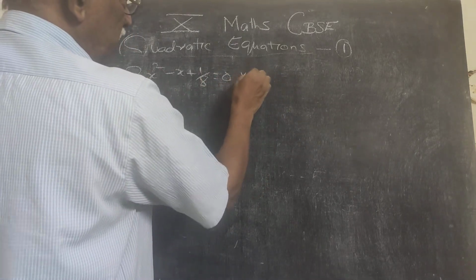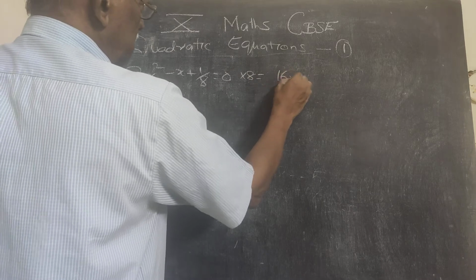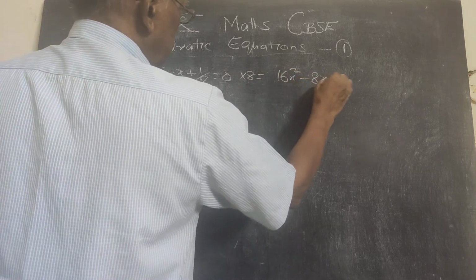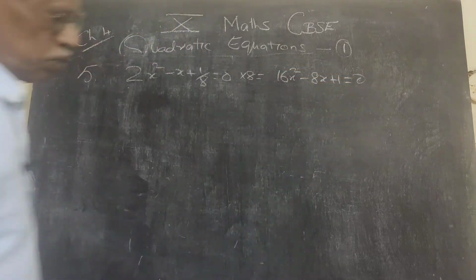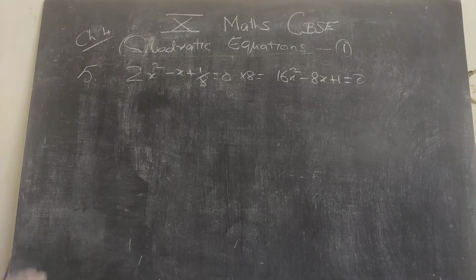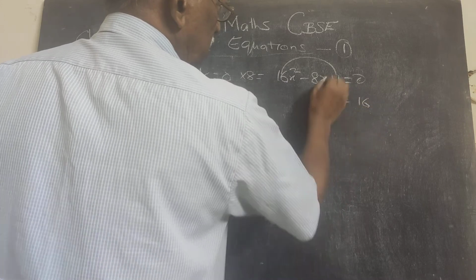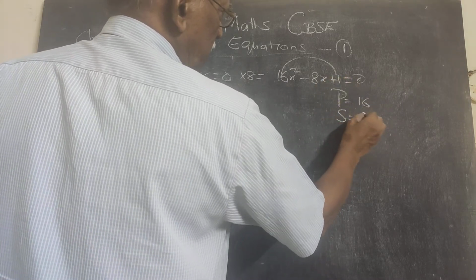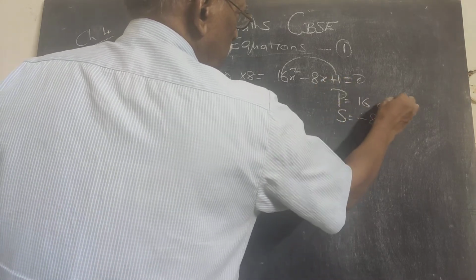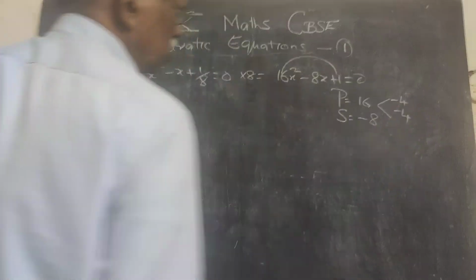Multiplying this with 8, you will get 16x² minus 8x plus 1 equal to 0. Now what is the product? The product is 16. Since it is a plus, the sum must be equal to minus 8. So minus 4 and minus 4.